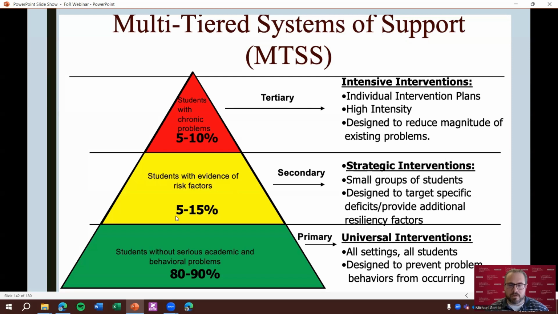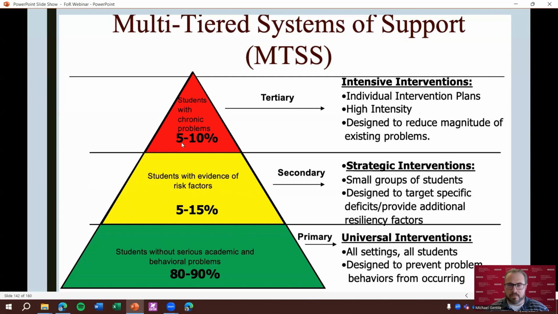And this only represents between 5 and 15%. I always like to think of this in terms of a 20 kid class, where each kid represents 5% or so. So in tier one you're talking about 16 to 18 students in a 20 kid class. In tier two you're talking about 1 to 3 students, who will be getting some sort of small group instruction.